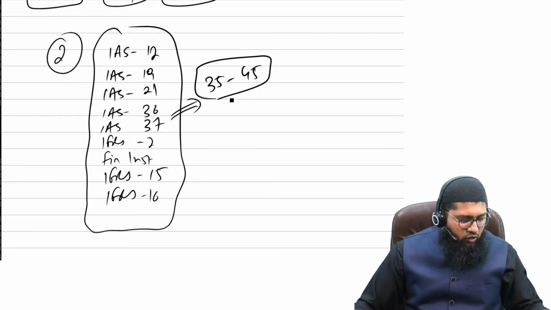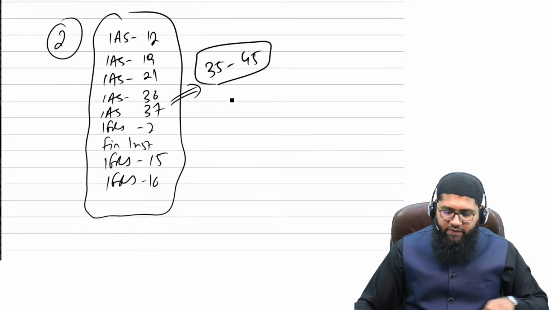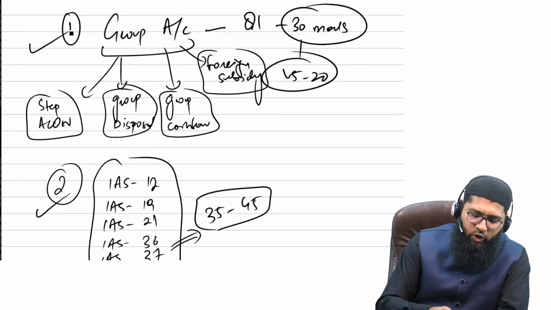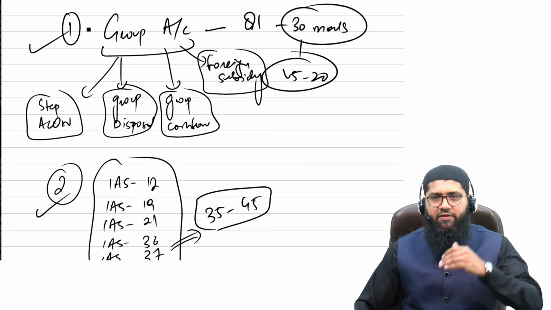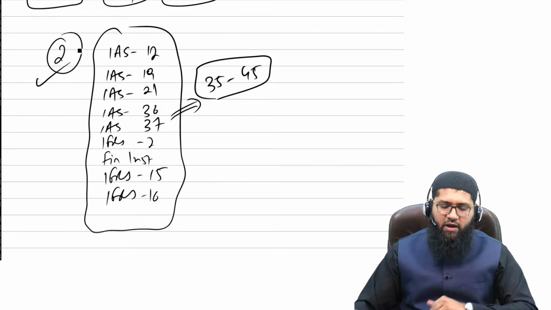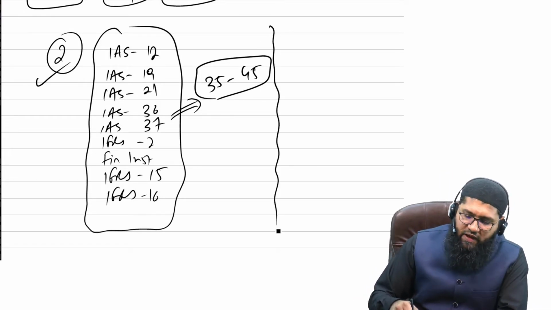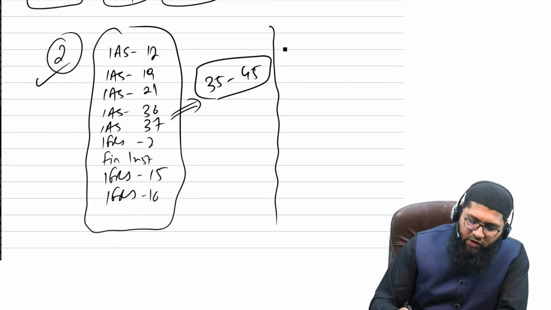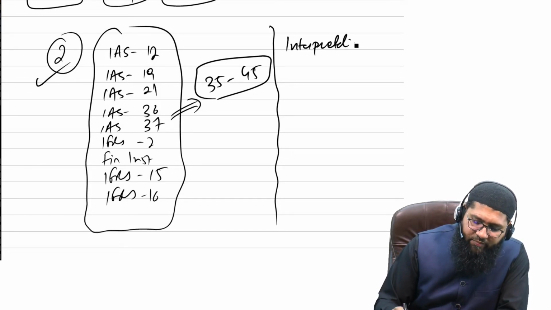That's also an important area. Now, the next thing is that I've actually told you one thing, which is the group accounts. I've told you something which is these accounting standards. This is the 35 to 45 marks area. Now let's move a bit forward and have a bit further discussion. Then you have got the interpretation of financial statements.